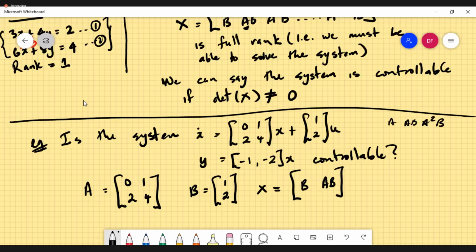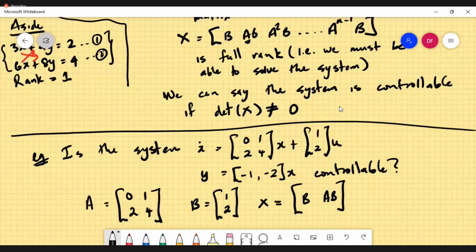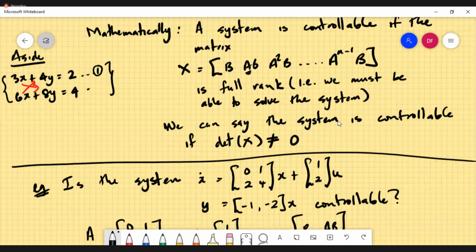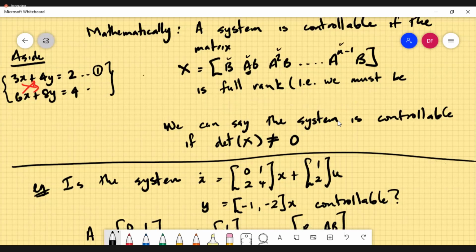So we can determine when to stop by the size of the system. So what we have up here is B, AB, A squared B, down to A to the n minus 1 B, because if it's a 10 by 10 matrix, then we need 10 terms inside that bracket.